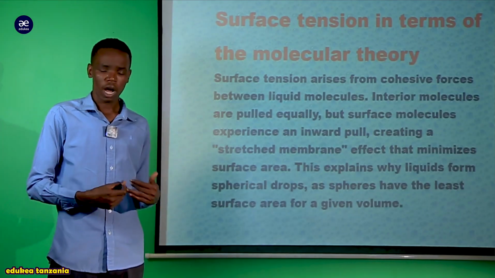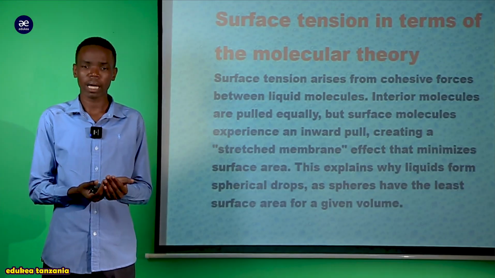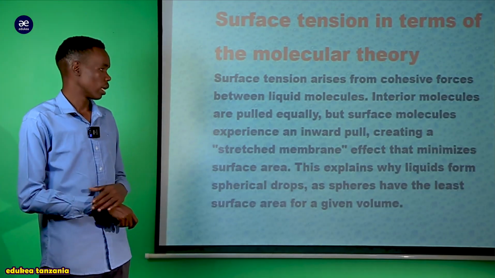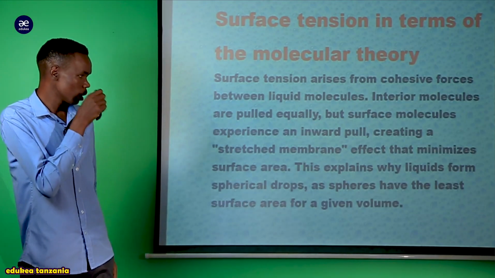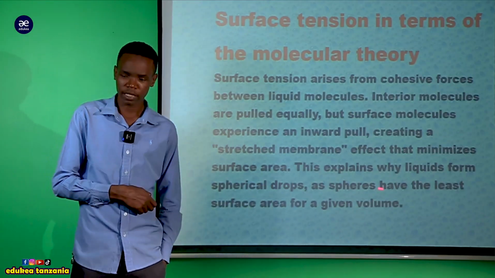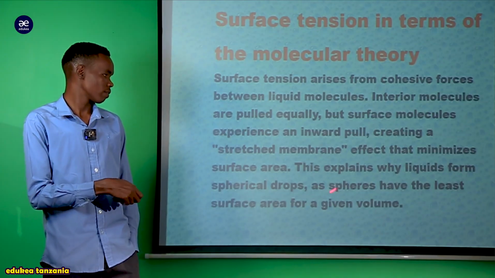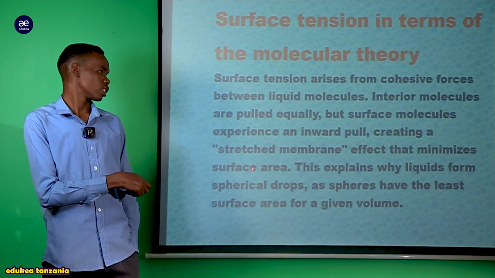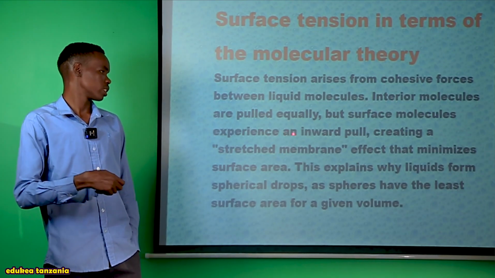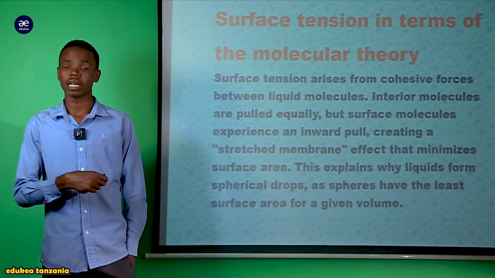There are some membranes that have the behavior of stretching that could appear. So the effect that minimizes the surface area tunaita ni stretched membrane ambayo tunaita ni elastic skin.